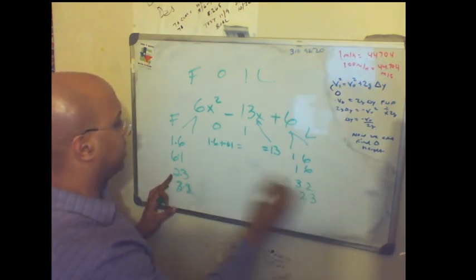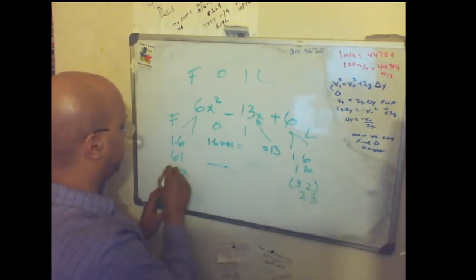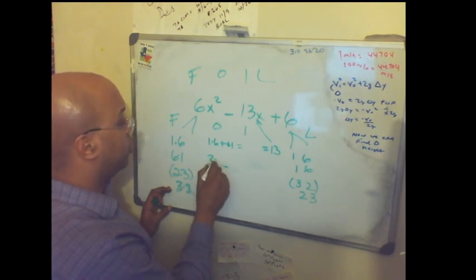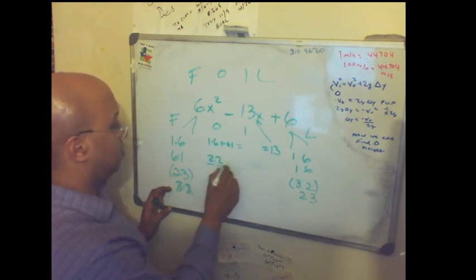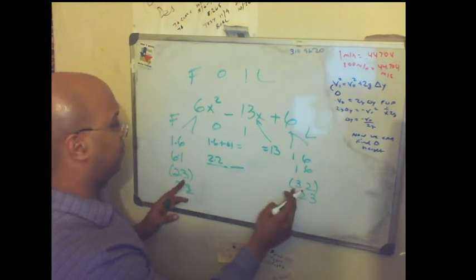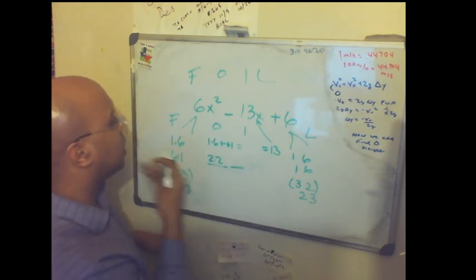Alright, opposites in this case would be, if we use these two factors here, 2 times 2, and the insides would be 3 and 3. I had something here.